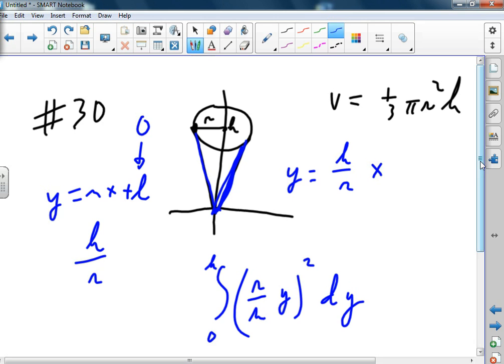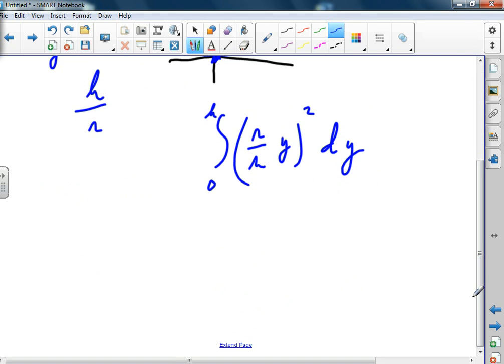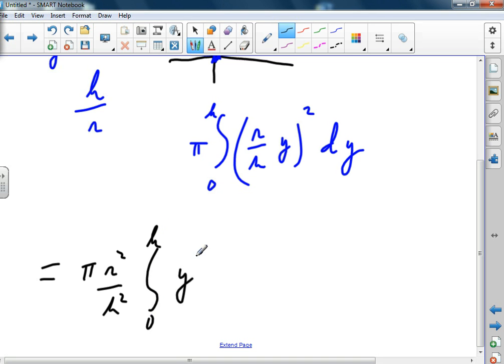Okay, I might like that. I only like it if it comes out correct, and if it doesn't, then I don't like it. Pi in there anymore? Oh yeah, there's a pi on the outside here. Okay, so that's what we're looking at. Now, we can't use our fancy calculators to do this. So let's see what I got. We got pi r squared over h squared on the outside, integral 0 to h of y squared dy.